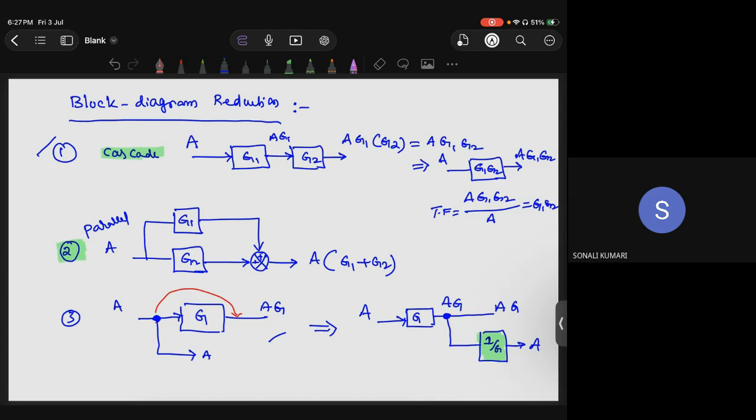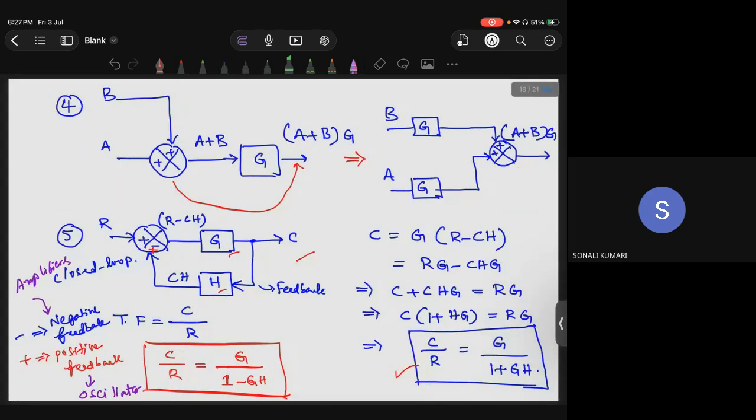Cascade is also called series. You know how to shift the branching point ahead and before, and how to shift the summing point. You know how to do it for negative and positive feedback. Assume these are the things you know.